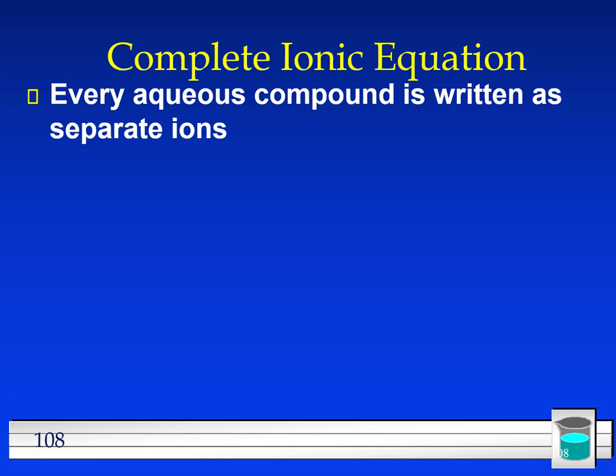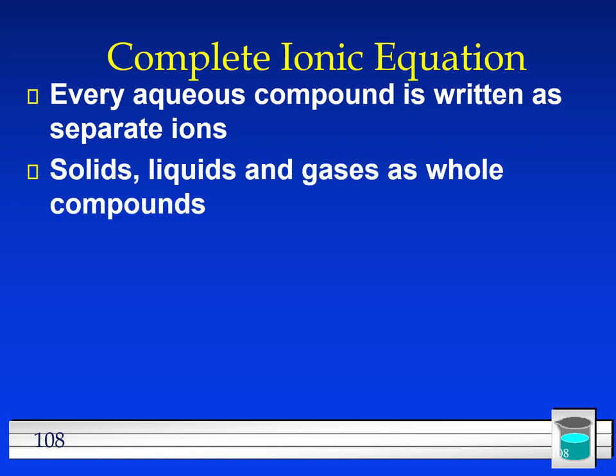In a complete ionic equation, they break down the compound. I don't write this as a chemical together. I break it up into its separate ions. And I do that for everything that is aqueous. Solids, liquids, and gases, I leave together.